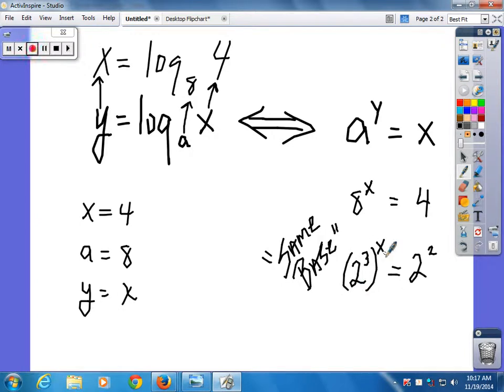Oh my gosh, we got to use the power rule. So that's 2 to the 3x is equal to 2 to the second.